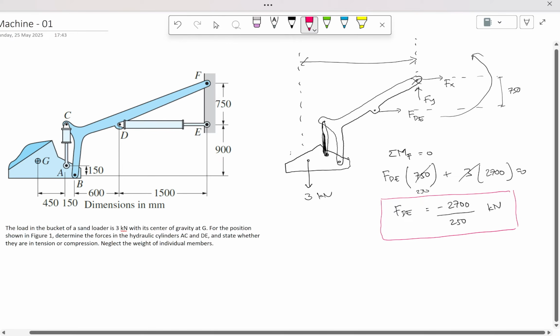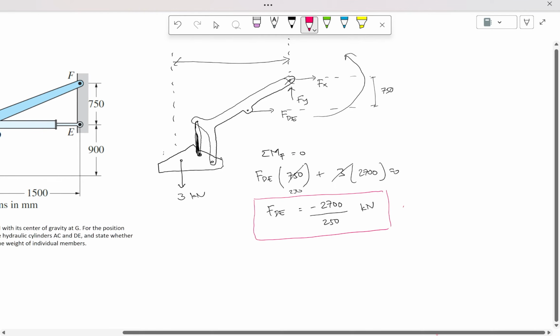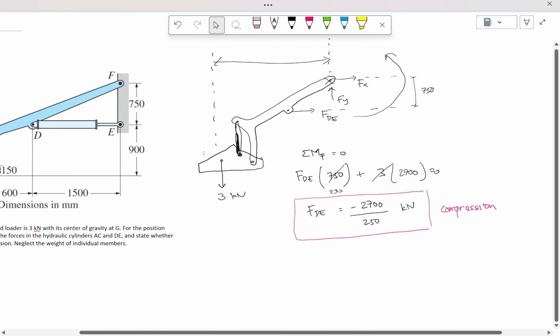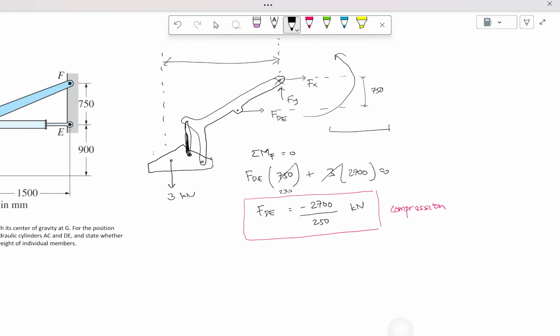If you see here, it's negative because we assumed it's out of the point, so it's always tension. Being negative means this one is in compression. Or if you want to draw it, you can draw the cylinder here.